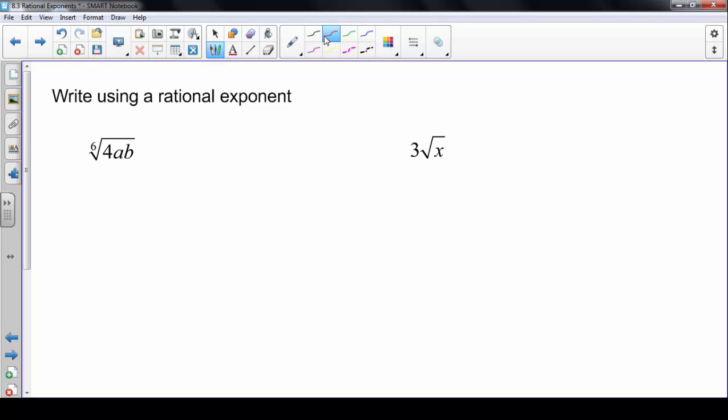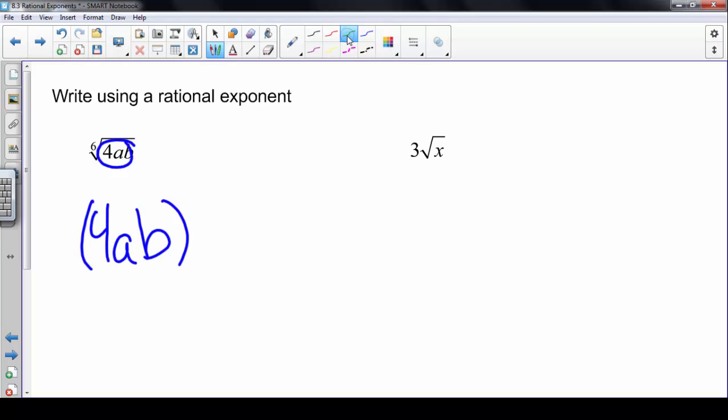So now we're going to go back the other way and just practice writing these using a rational exponent. And all that means is writing these with an exponent that has a fraction in it. So notice all 3 of these are underneath that root, so all of them need to go in parentheses.